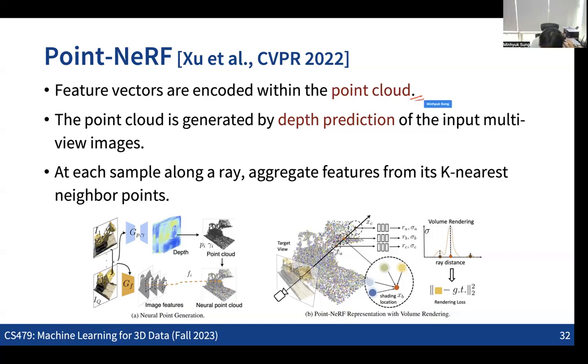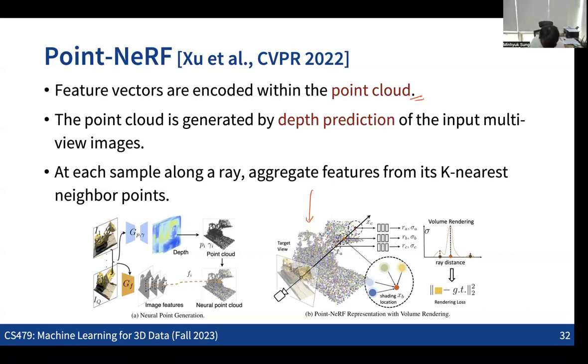Here the basic idea is that for each of the multi-view images, we have a depth predictor, a neural network. Using this depth predictor, we make a point cloud, a rough reconstruction of the 3D. But obviously this reconstruction may not be that accurate, because there might be some noise in the predicted point cloud.